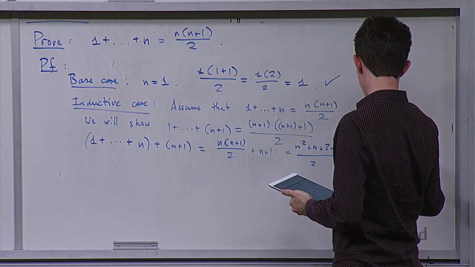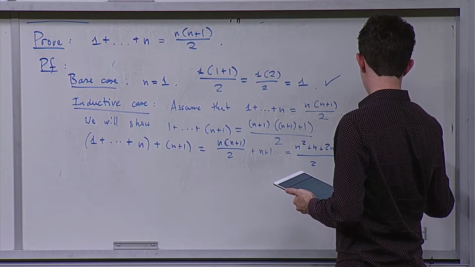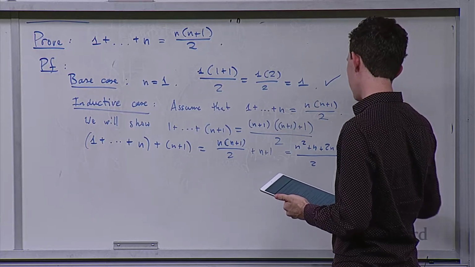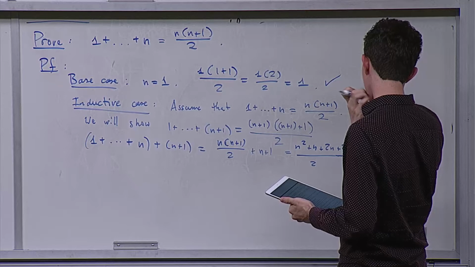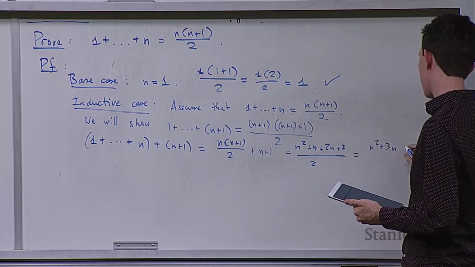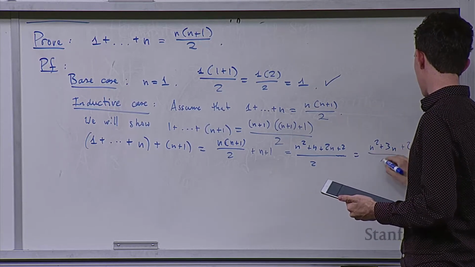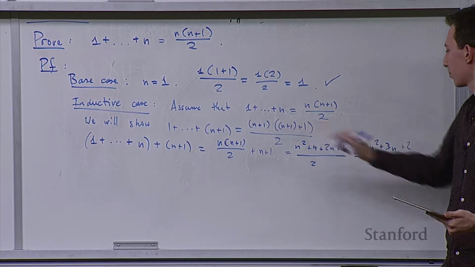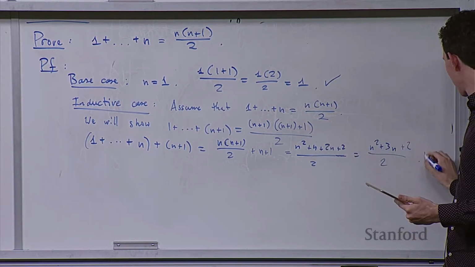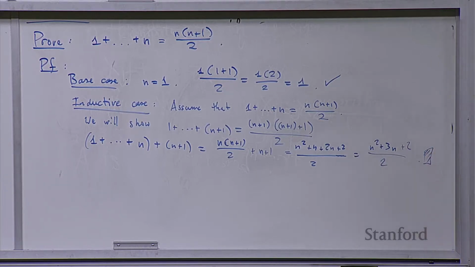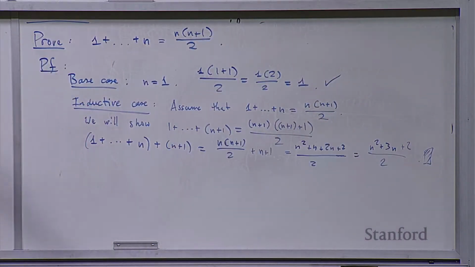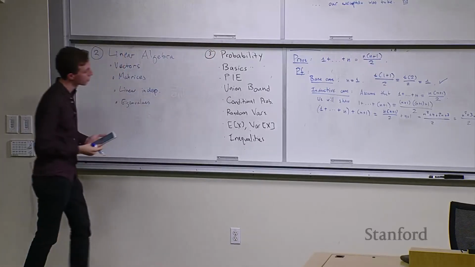So this equals (n squared plus 3n plus 2) over 2. And now this should be the same as that expression up there. Not 100% convinced that I didn't make a mistake, but the idea should still stand. OK, so that covers sort of the last of our proofs.